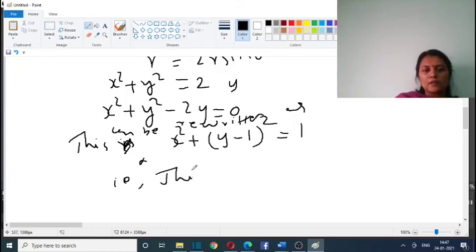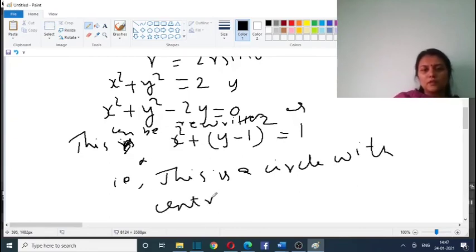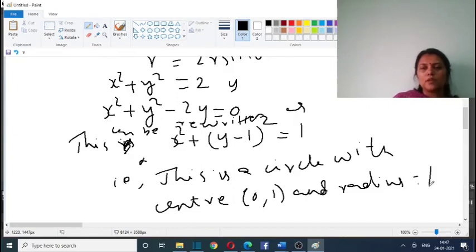This is a circle with center (0, 1) and radius 1.